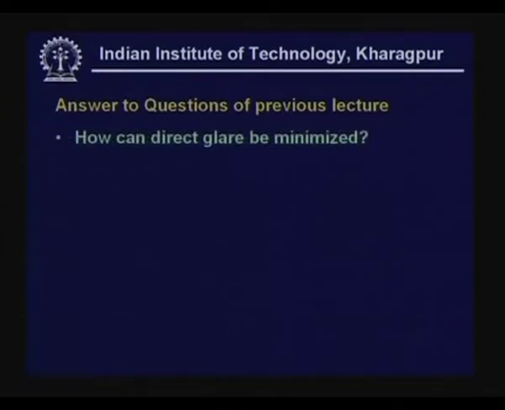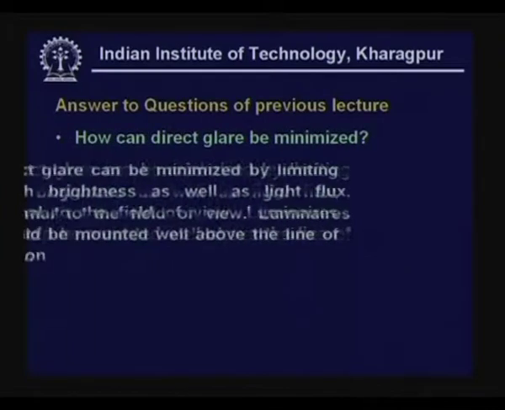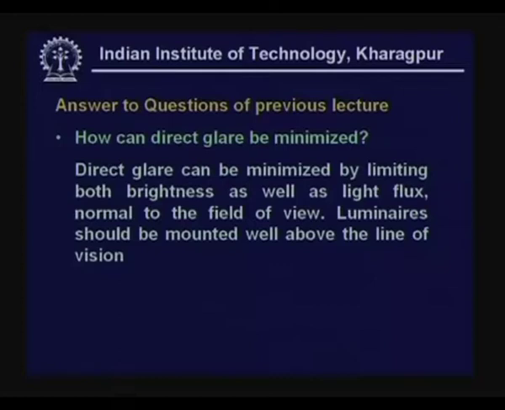Continuing with the questions, how can direct glare be minimized? Direct glare is best minimized by limiting both brightness as well as light flux in the field of view. The luminaires should be mounted well above the line of vision.